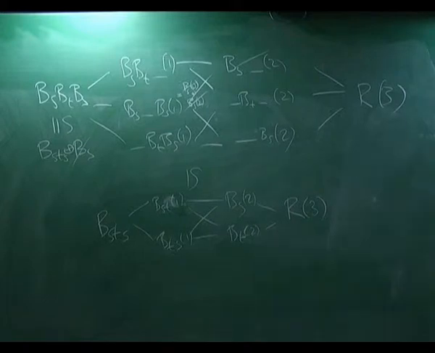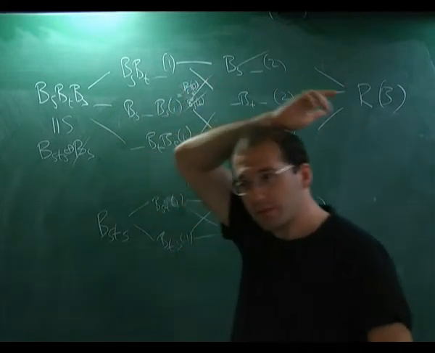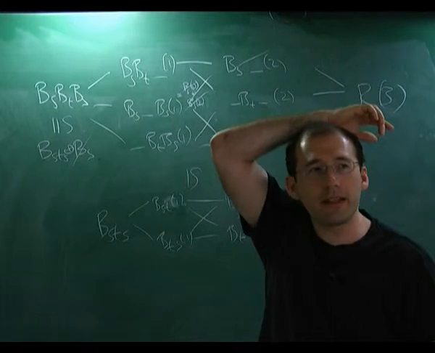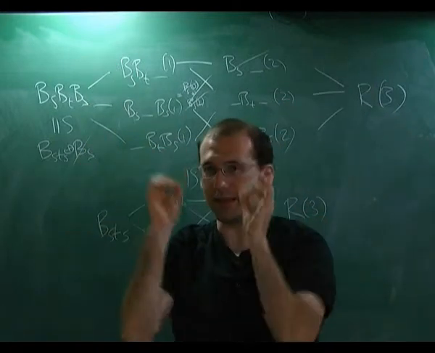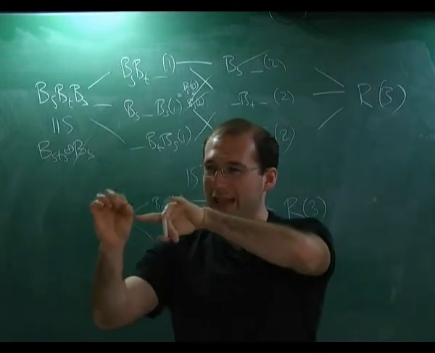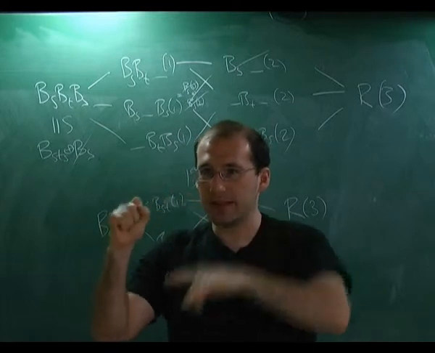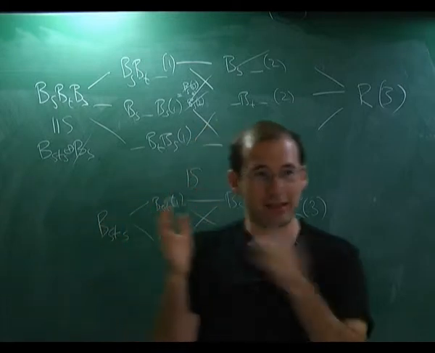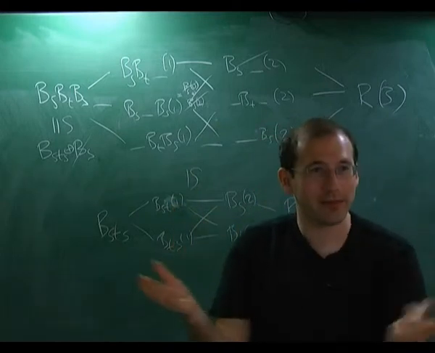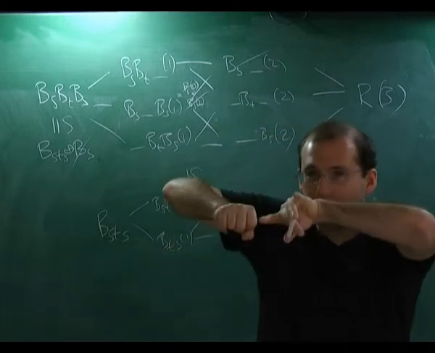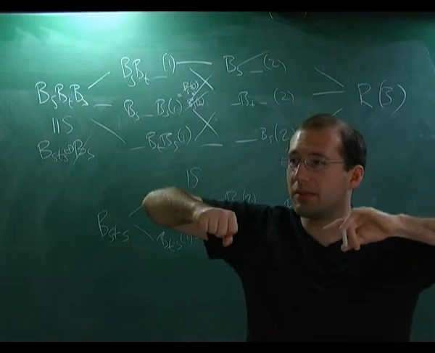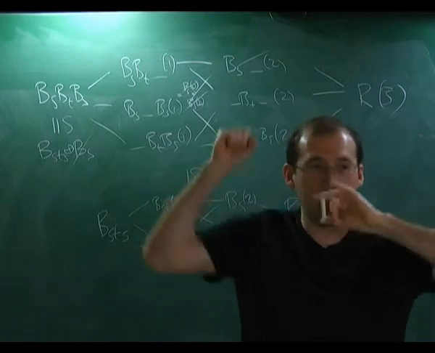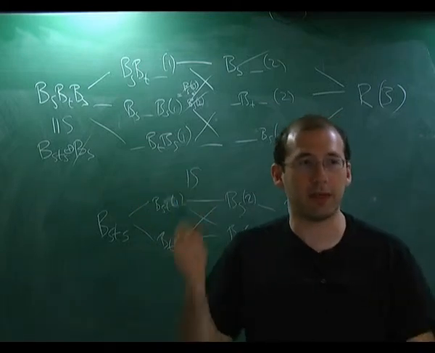How do you know that this is going to cross off with that? The point is that if you have a big complex with some summands, and the map between these two summands is non-zero, in this case we know that any non-zero map of degree 0 is an isomorphism. So if any little term inside something is an isomorphism, you can cross them out; there's some homotopic complex where they're gone.